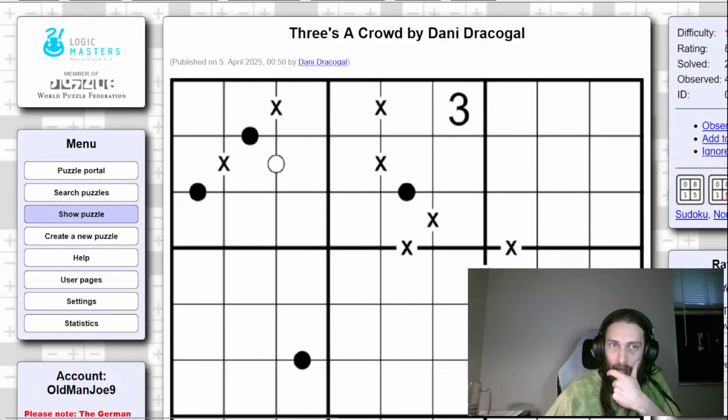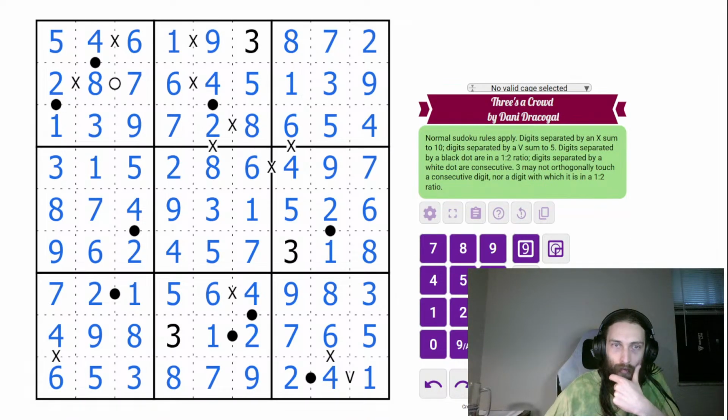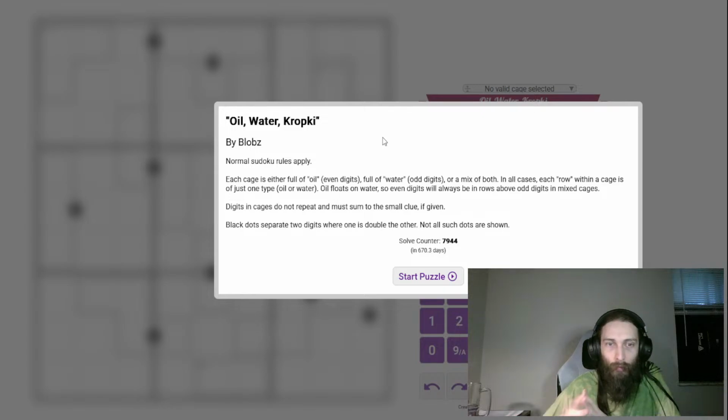And next puzzle is Oil Water Krapti by Balabs. Normal Sudoku rules apply. Each cage is either full of oil, even digits, full of water, odd digits, or a mix of both. Well, now we've covered all the bases. In all cases, each row within a cage is just one type, oil or water.